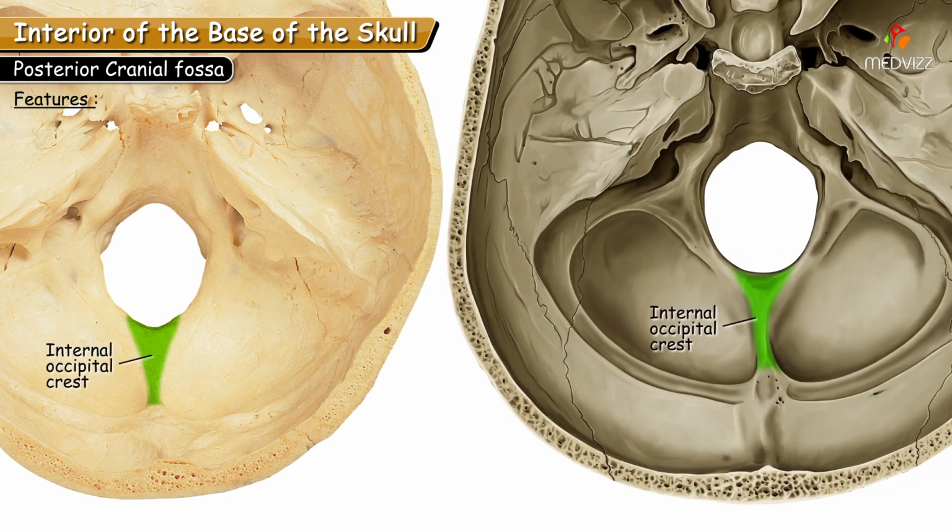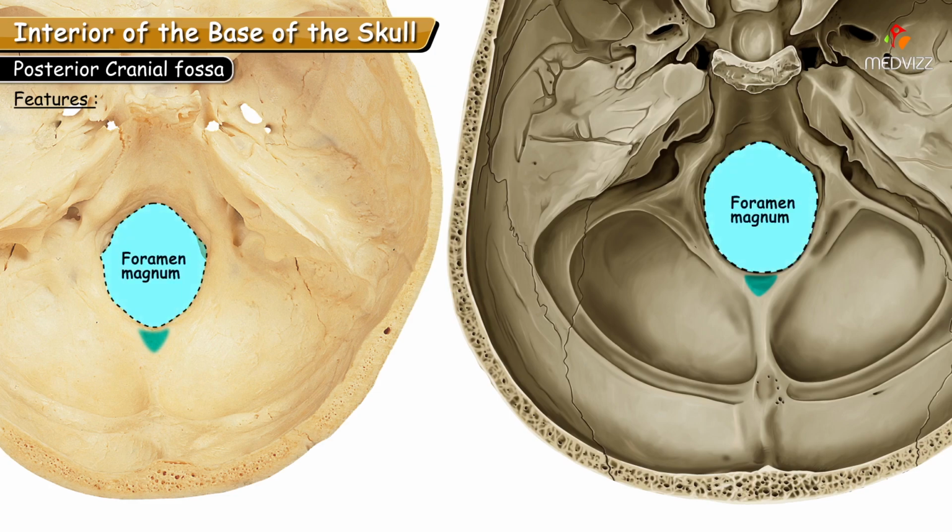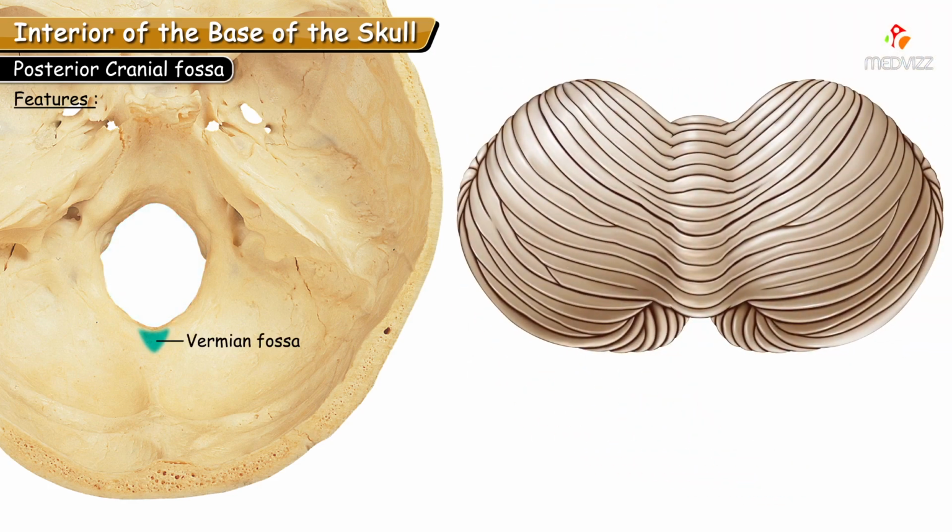And at the lower tip of the internal occipital crest, we can see it splits, forming a triangular fossa. This small triangular fossa, which is adjacent to the posterior part of foramen magnum, is vermian fossa. Vermian fossa is related to inferior vermis of cerebellum.